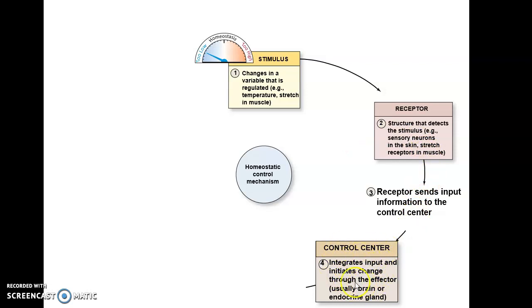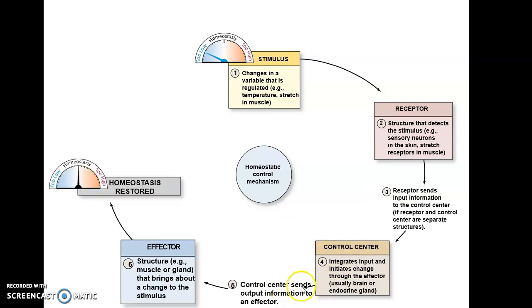Control center usually in the brain or in endocrine glands. The control center interprets the information and decides if a response is needed. If a response is needed, then it sends commands to the effector, and the effector will bring about changes to try to restore homeostasis. The effector is always going to be a muscle tissue or a gland.